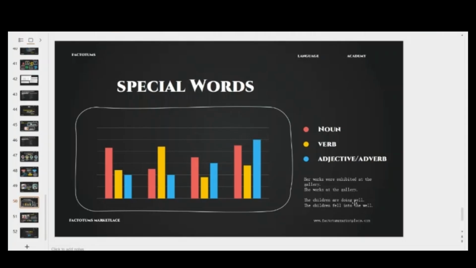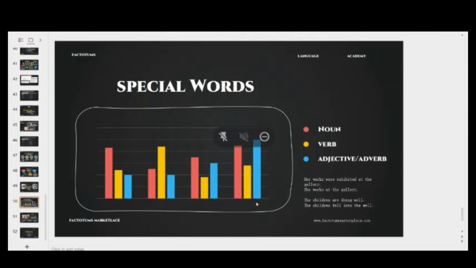So you will have words that are nouns or verbs, etc. "The children are doing well." This is describing the children, so it's an adjective. "The children fell into the well" is a noun.